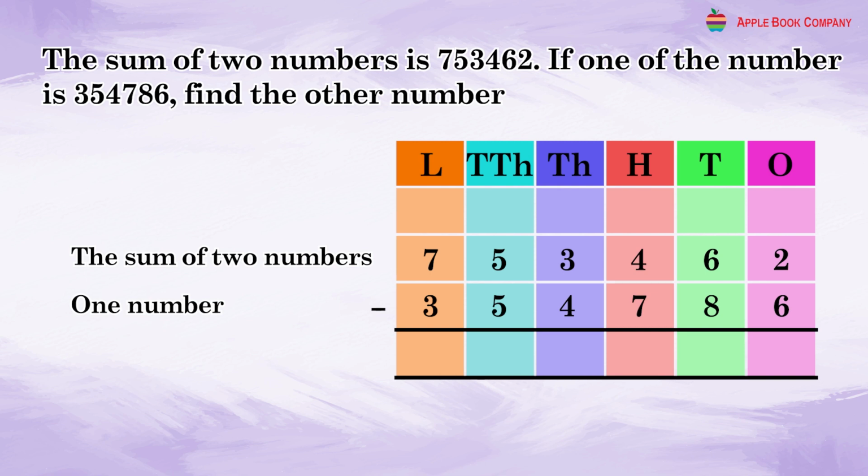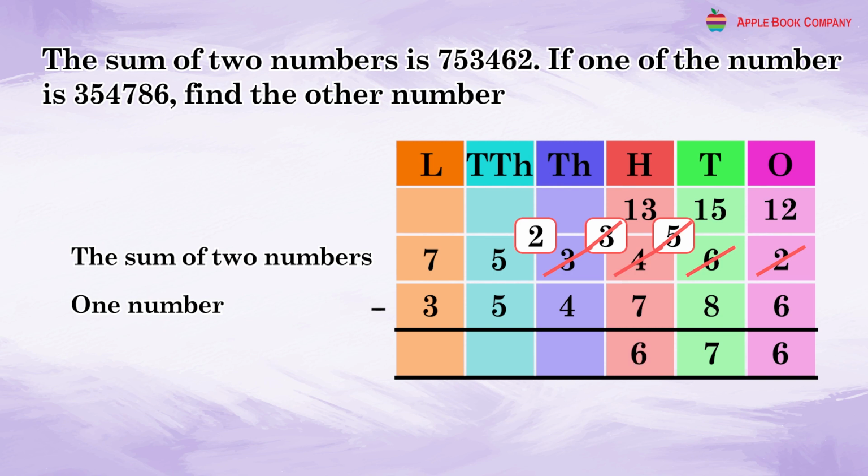On ones, 2 is less than 6. So after borrowing, 12 minus 6 is 6. On tens, 5 is less than 8. After borrowing, 15 minus 8 is 7. On hundreds, 3 is less than 7. After borrowing, 13 minus 7 is 6. On thousands, 2 is less than 4. After borrowing, 12 minus 4 is 8.